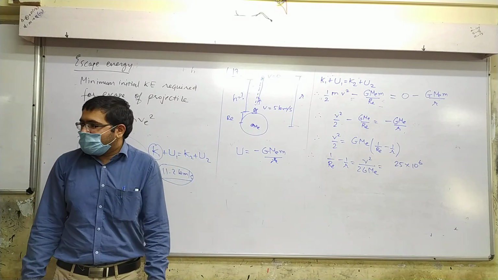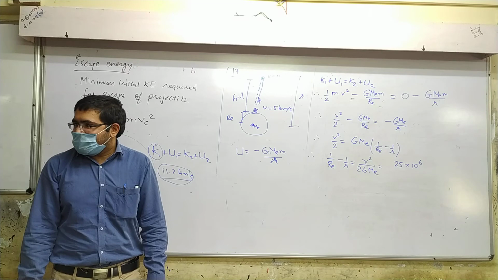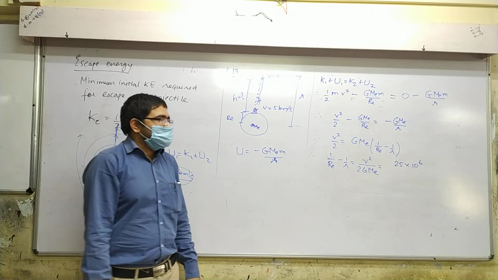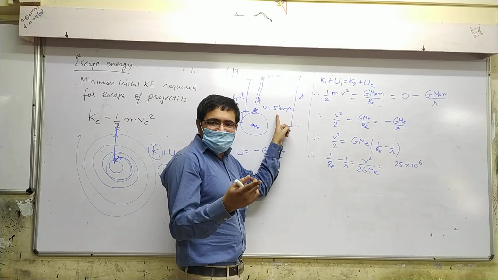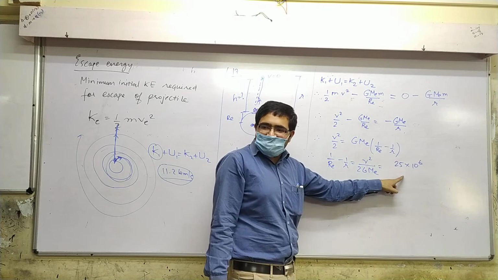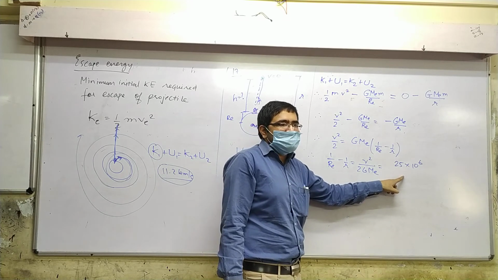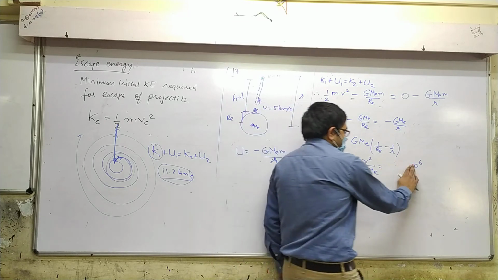Yes or no? Yes. Sure you got that? Or not clear? V value is 5 km per second. Kilometer means 1000, so 5000 meters per second. So 25 into 10 raised to 6. Understood? Understood. Okay, 5 into 10 raised to 10.